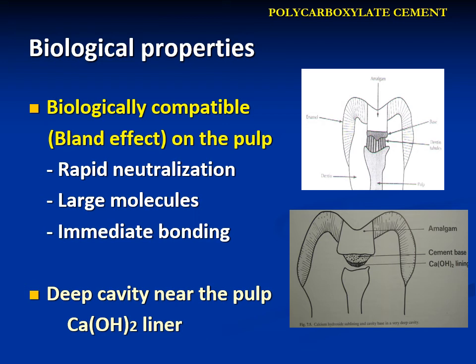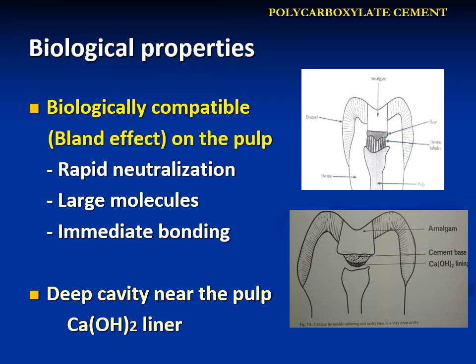It is compatible with the pulp. It has a bland effect, or it doesn't cause irritation to the pulp. Why? Because when the powder and the liquid are mixed together, it is rapidly neutralized. It has a large molecule because it is a polymer molecule, so it is difficult to pass through the dentinal tubules, because the size of the polymer is larger than the orifices of the dentinal tubules.